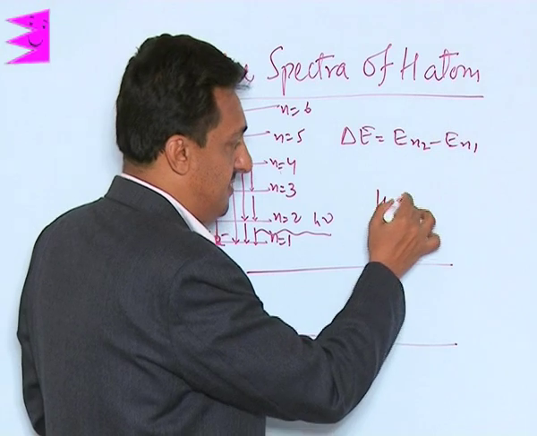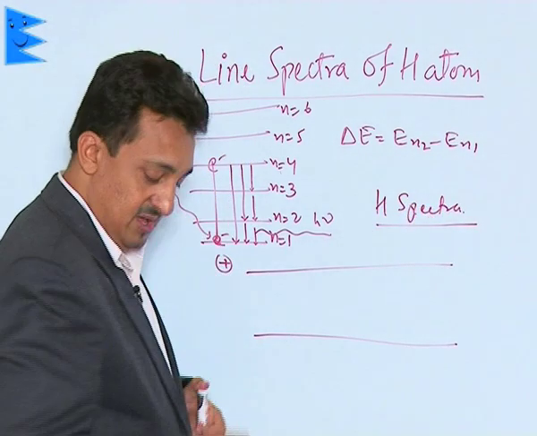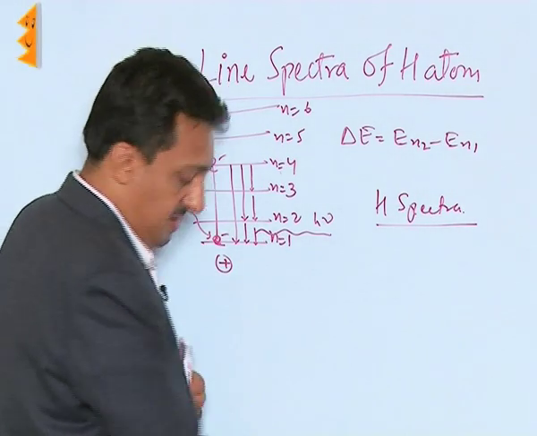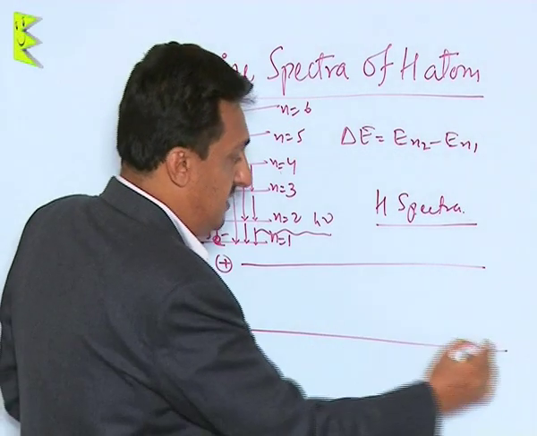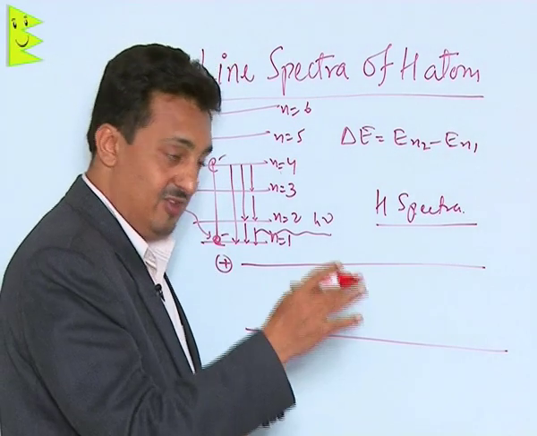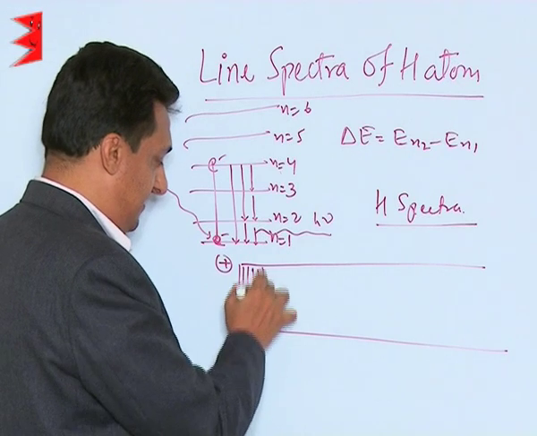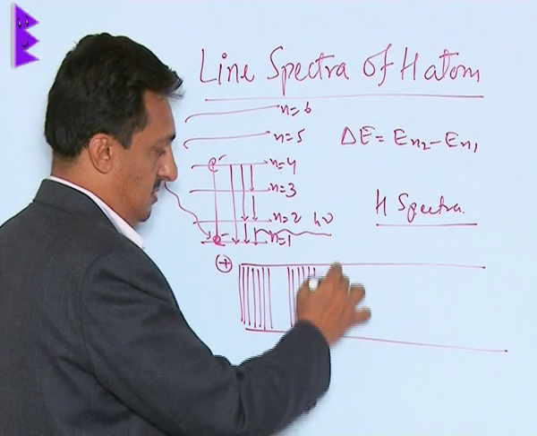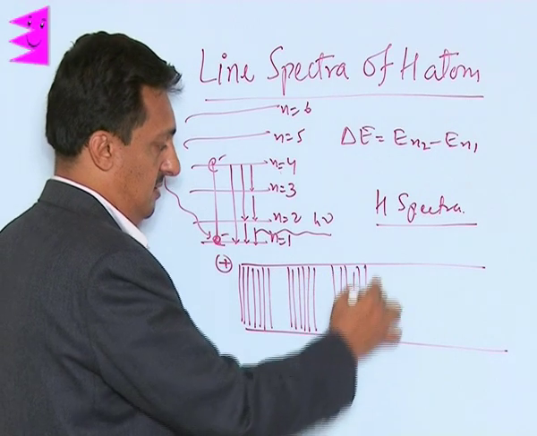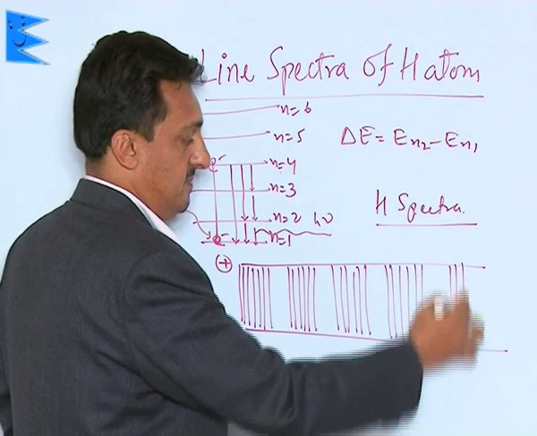Like the hydrogen spectra which we observe is in the form of a series of light and dark lines, which are in the form of five series, like 1, 2, 3, 4, and the fifth one.